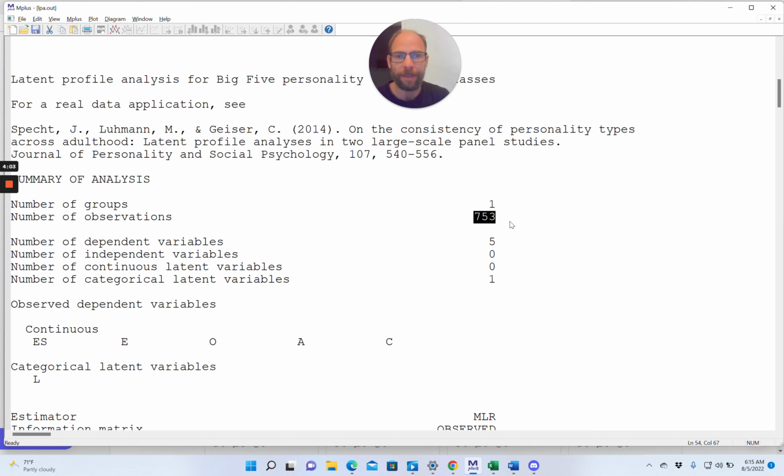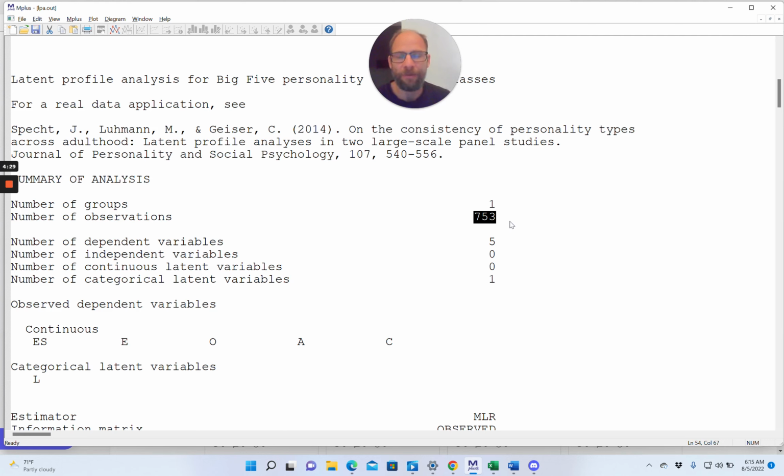In this particular application, there were 753 people or participants, and this is a pretty good sample size for a latent profile analysis with 5 variables and 3 classes. I often get asked, what is the sufficient sample size for this type of analysis? And it's difficult to say in general, but I would say you should have at least a few hundred.